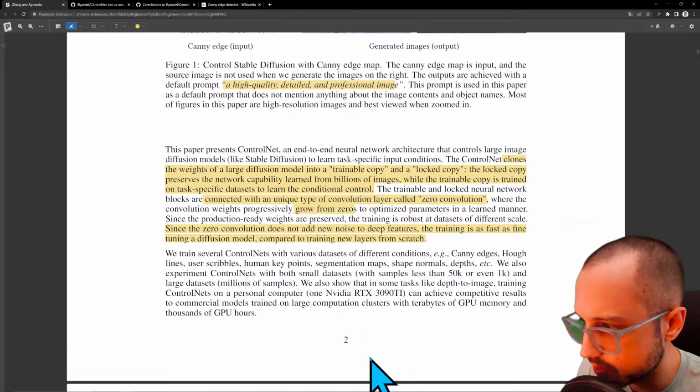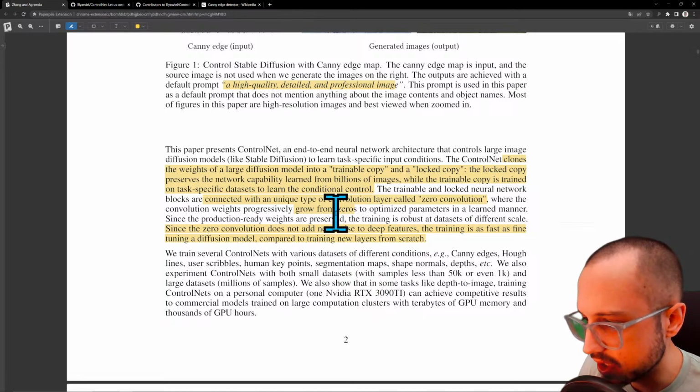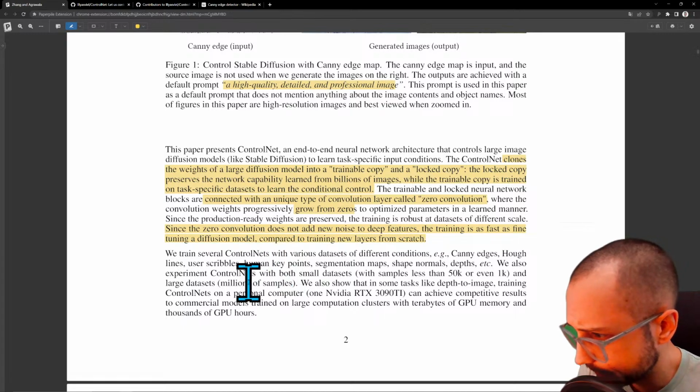That's why you initialize it with random weights. But here, because these layers are, I guess, tied and connected, we don't know exactly what connected means yet, but they're connected in such a way with the pre-trained Stable Diffusion that you do get some stability, and the model is able to learn.